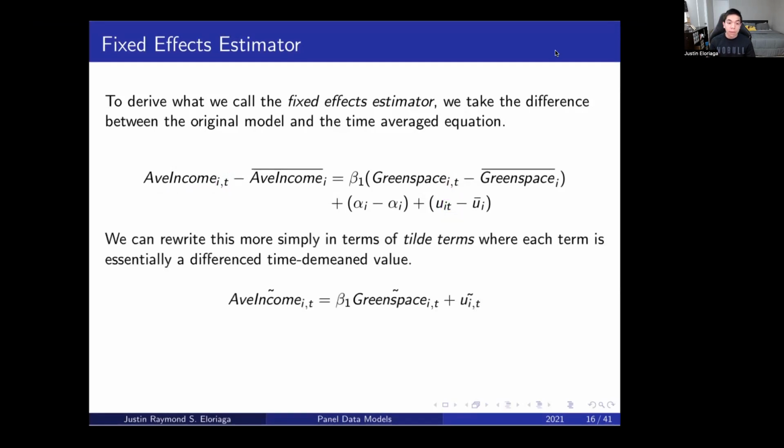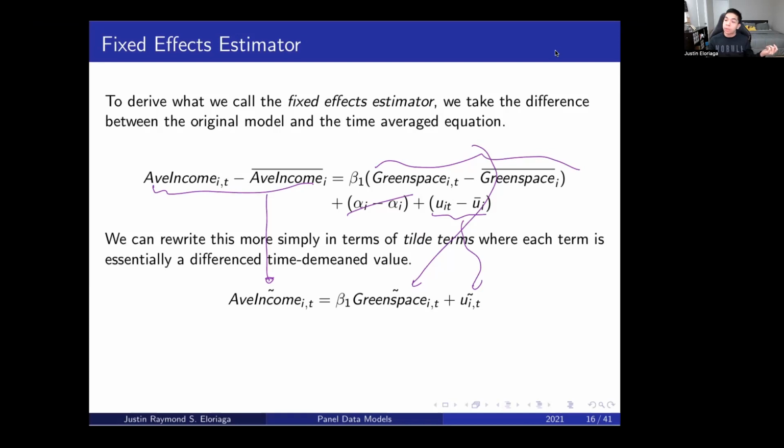We can simply rewrite this with tilde terms, wherein this thing here is equal to this, and this thing here is equal to this. Note that the alpha I terms will cancel out. So we achieved the same thing as the first differences model, wherein we were able to eliminate the alpha I term.